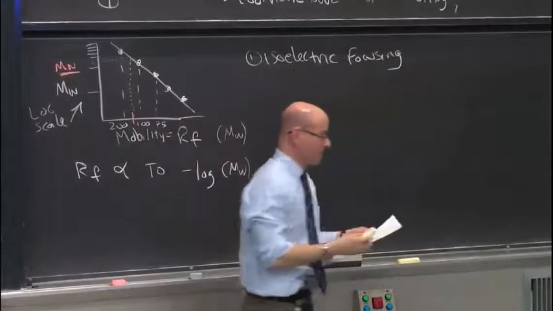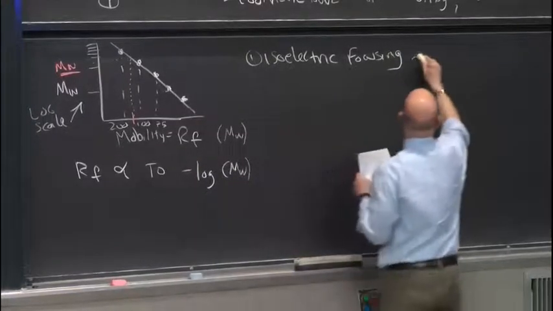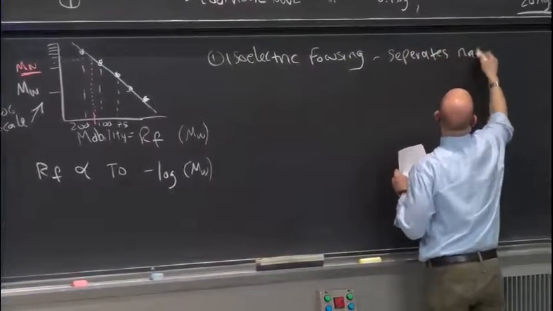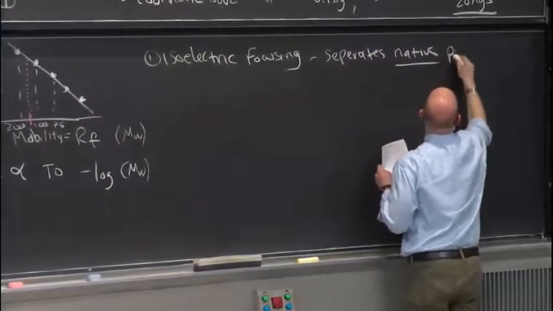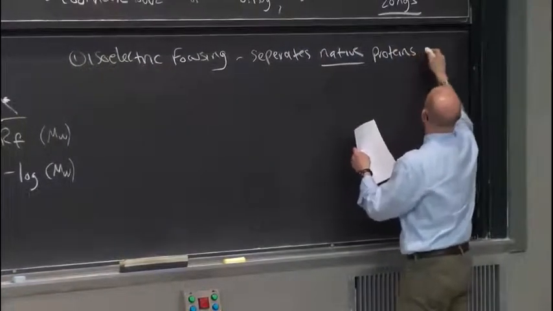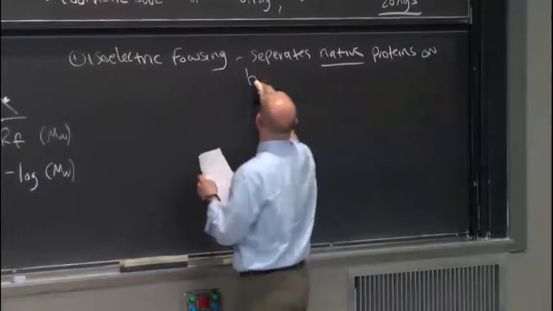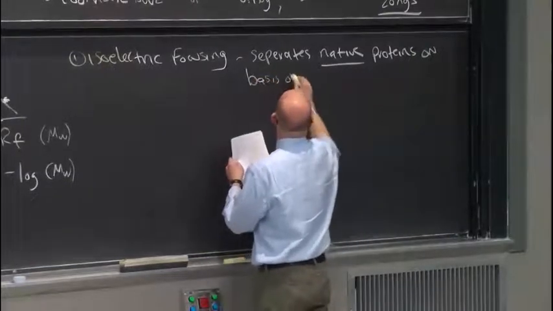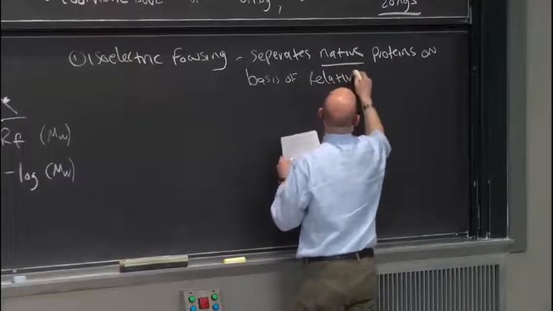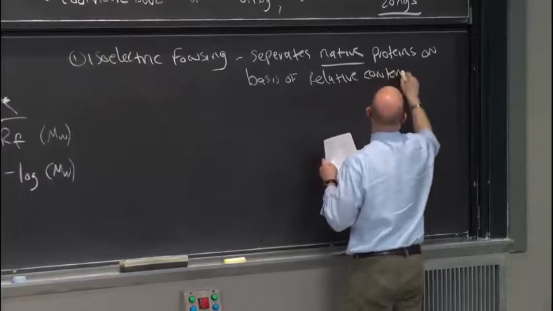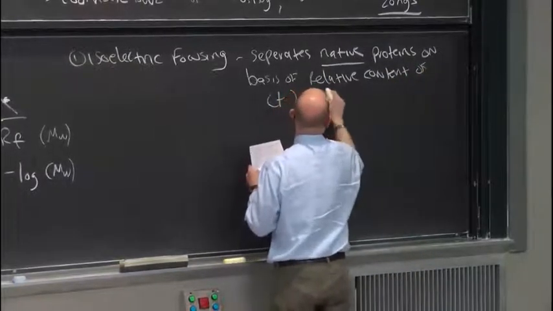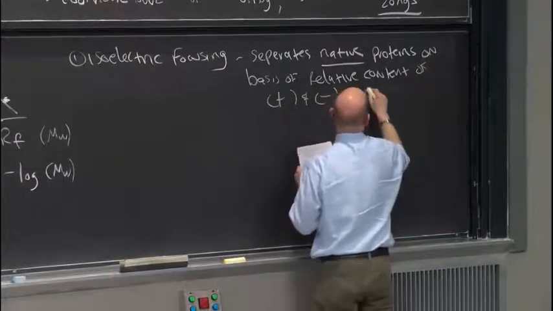Isoelectric focusing. And that's a very cool technique that separates native proteins on the basis of relative charge. On the basis of relative, I'm going to change this to content of plus and minus charged amino acids.